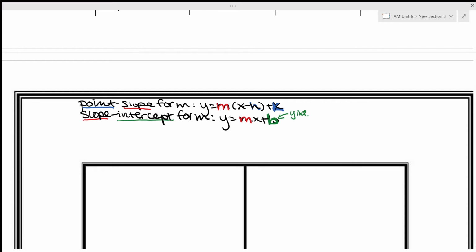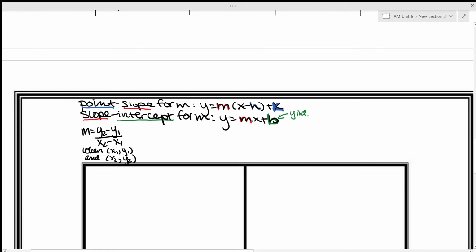We need to talk about parallel and perpendicular slopes and maybe even the slope equation. So I'm going to write the slope equation down. M equals y2 minus y1 over x2 minus x1. And that is when we have x1 comma y1 and x2 comma y2.